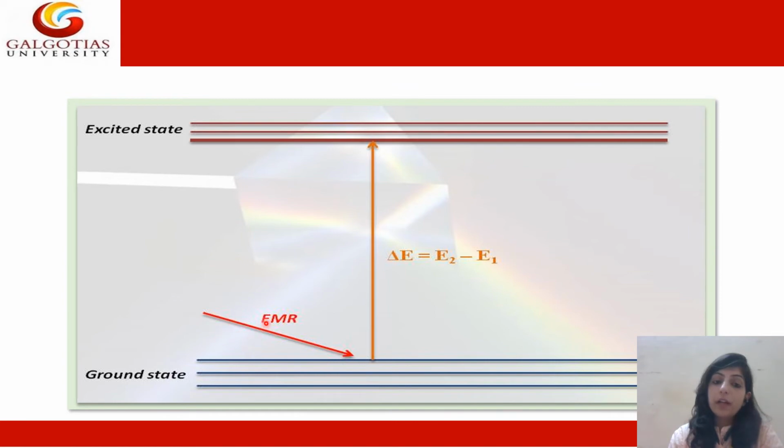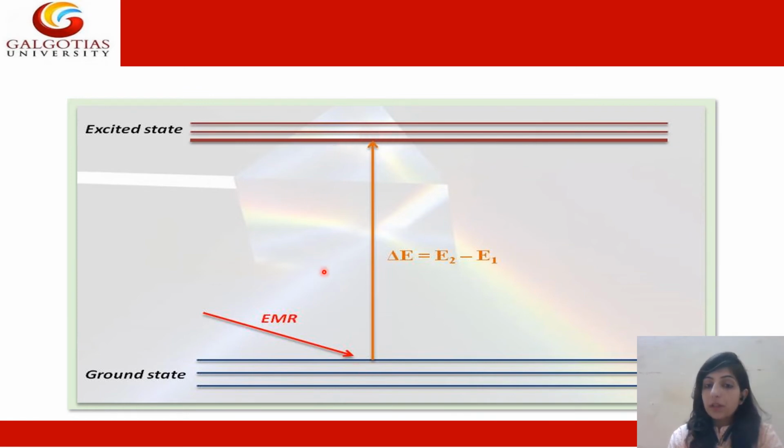Whenever we have an incoming electromagnetic radiation, it gives energy to the molecule, and these molecules will show a transition from the lower energy state to the higher energy state, that is from ground state to excited state.